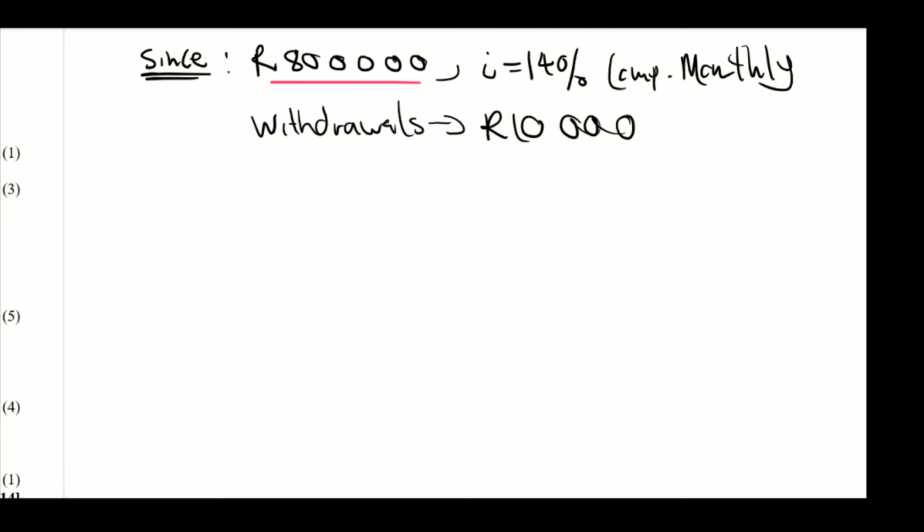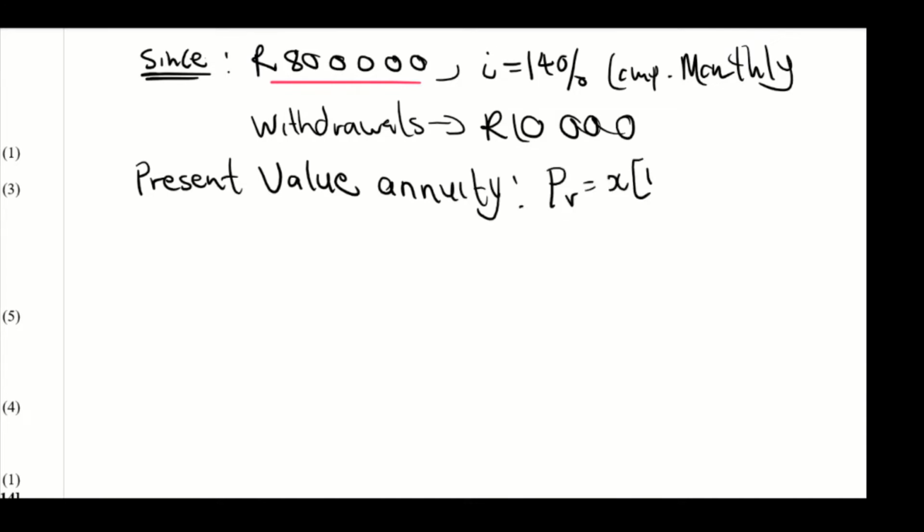but you are receiving income in a certain period of time, then the formula to use is the present value annuity, which is PV is equal to x into 1 minus 1 plus i to the power minus n, divided by i.